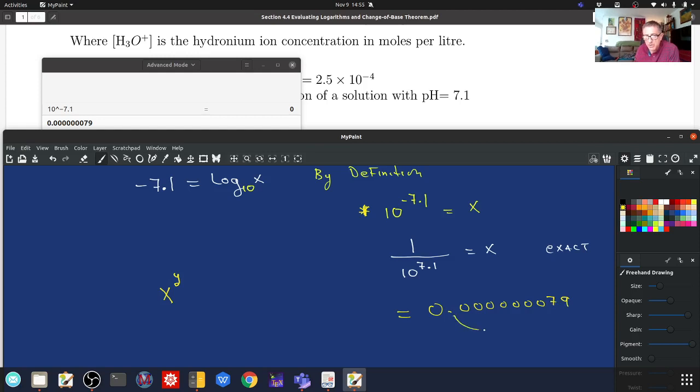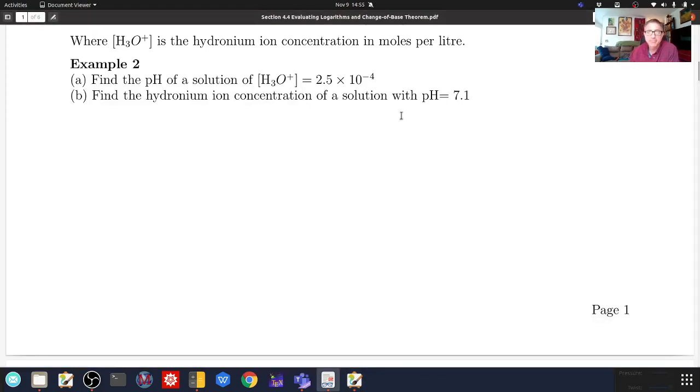So I move this 8 places over. So this is 7.9 times 10 to the minus 8. So these were 7 zeros, and I moved the decimal to scoot it right between the first non-zero number and the number that follows. Okay.